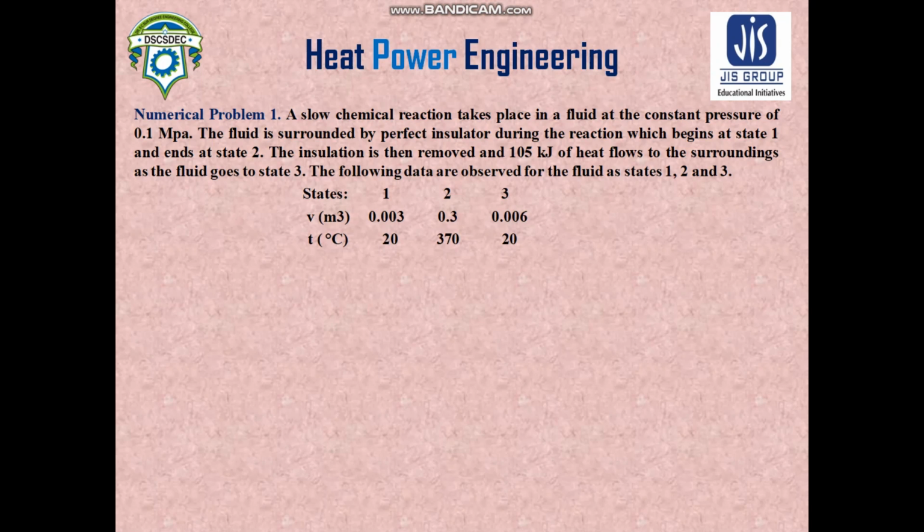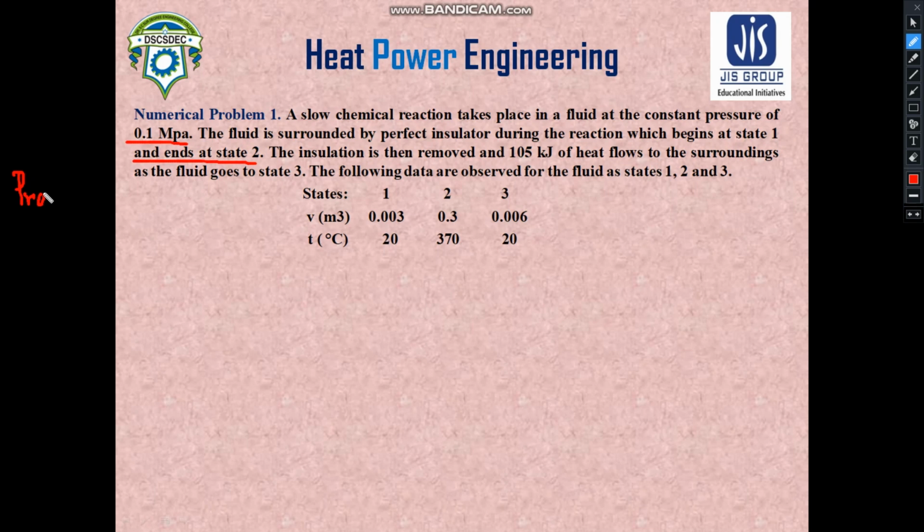If you go through the problem, a slow chemical reaction takes place in a fluid at a constant pressure of 0.1 megapascal. So here you can see that it is a constant pressure. The fluid is surrounded by a perfect insulator during the reaction, which begins at state 1 and ends at state 2. So this is the first process, 1 to 2.